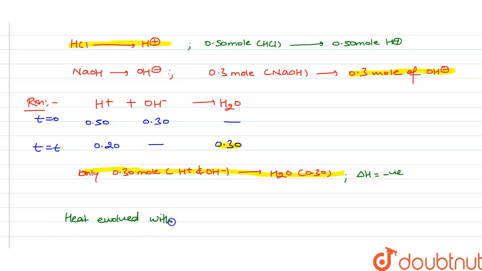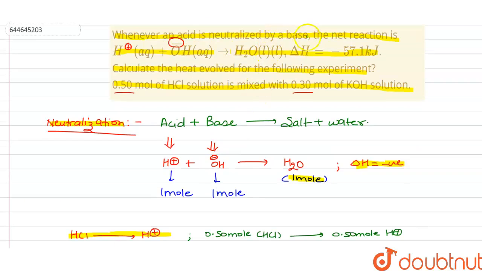So from it we can say that the heat evolved when 0.30 mole of H plus reacts with 0.30 mole of OH minus, then in this case the heat evolved will be what? Here it has been given the standard equation in which for 1 mole it has been given minus 57.1 kilojoule.